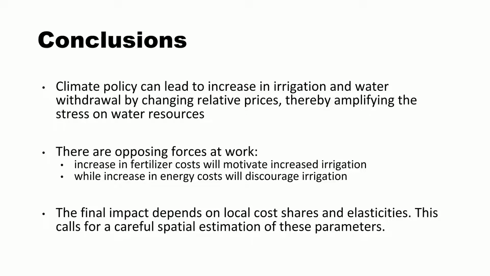We need to characterize them better, understand them better. The final impact, of course, depends on these local parameters. So the credibility of your results, but also the richness, depend on bringing local information to bear. What we're doing right now under a USDA AFRI grant is to improve the estimation of these parameters at the grid cell level. So I'll stop there.